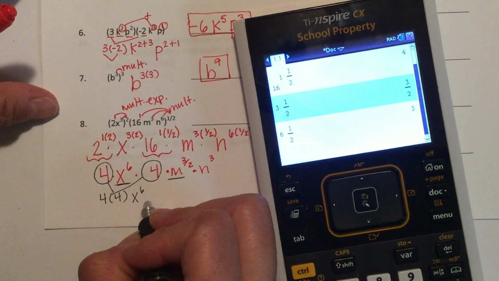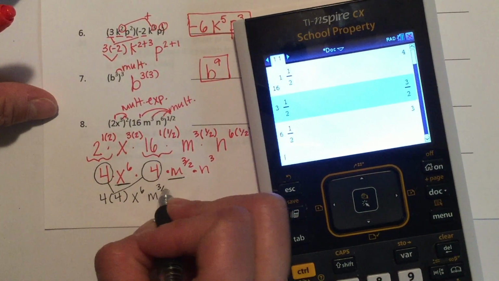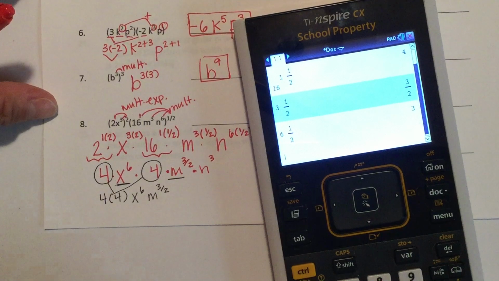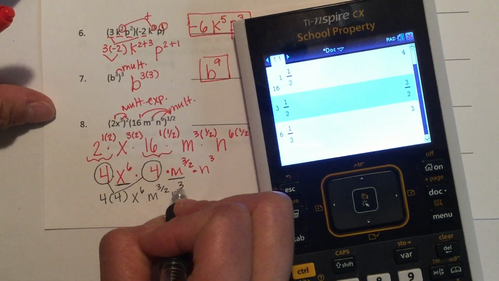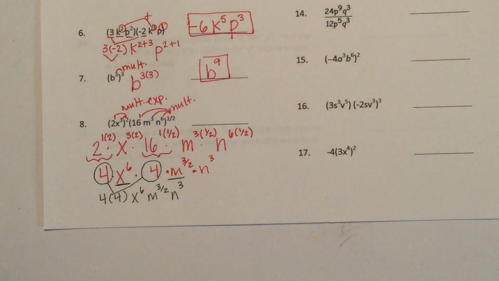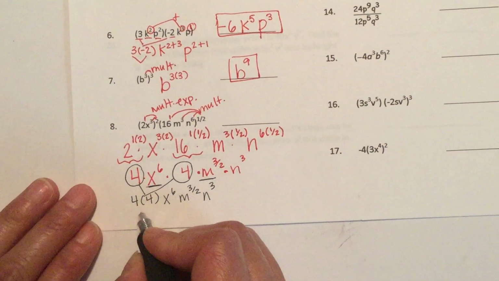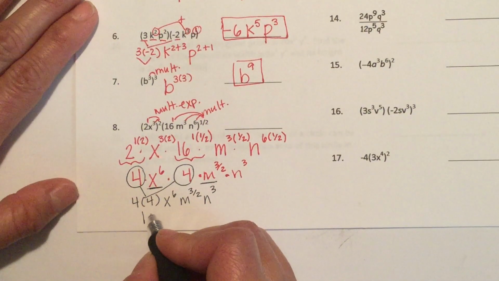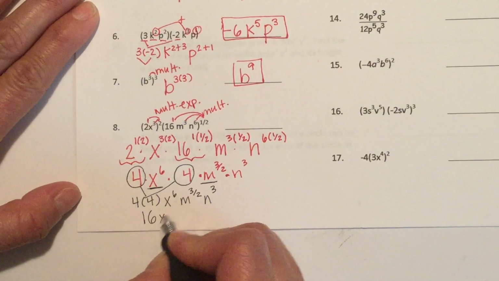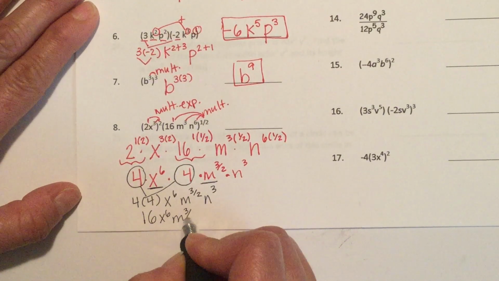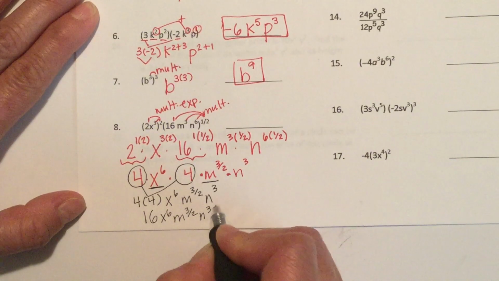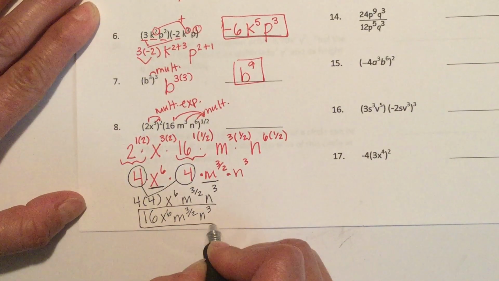M to the 3/2, there's nothing you can combine it with, so you bring it straight down. N to the 3rd power, nothing you can combine it with, so you bring it straight down. So you're really just simplifying 4 times 4. Since 4 times 4 is 16, you have 16 x to the 6th power, m to the 3/2, n to the 3rd power as your final answer.